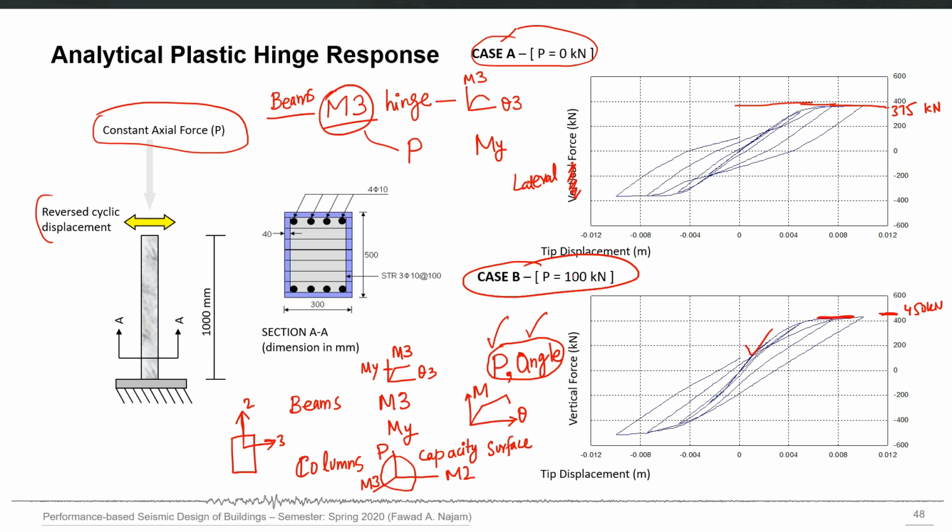If I increase it to 1000 kilonewton, the resulting lateral force deformation behavior will again change, and the yield point will again change. So this example tells us that for columns, we have to consider the axial flexural interaction. We have to modify the action deformation behavior based on the level of axial force which we have at that particular column.